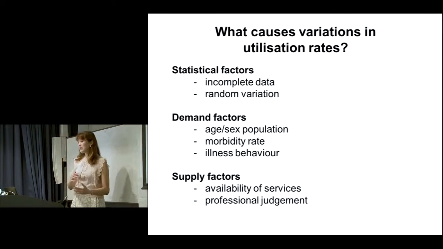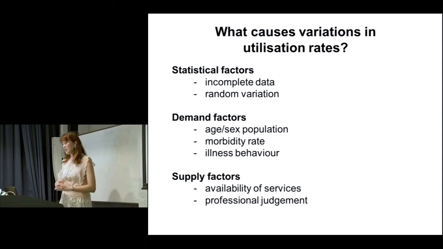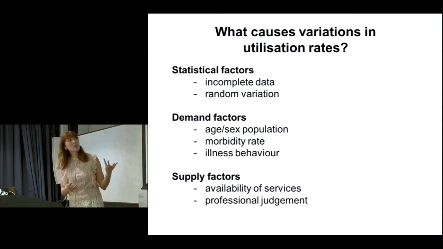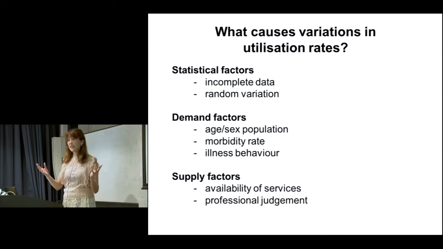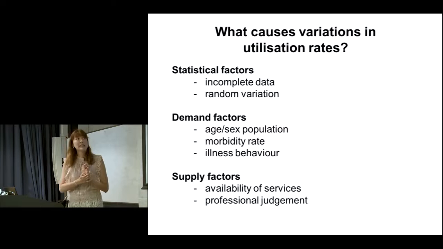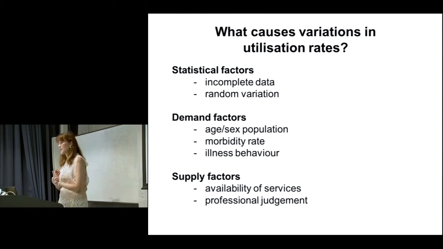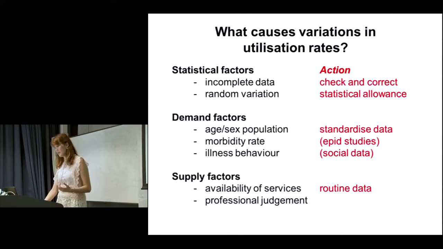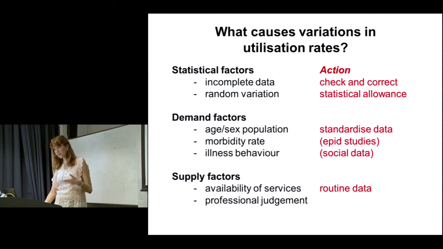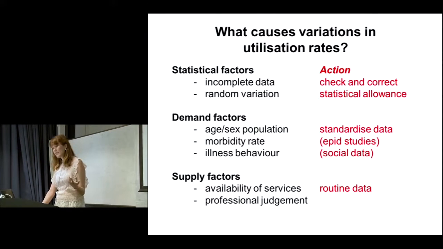Actually, before we even get into that, it's important to consider a few things. Statistical factors are important to think about when you look at data. We know that sometimes data is incomplete, so we always have to question the data to make sure it's correct.